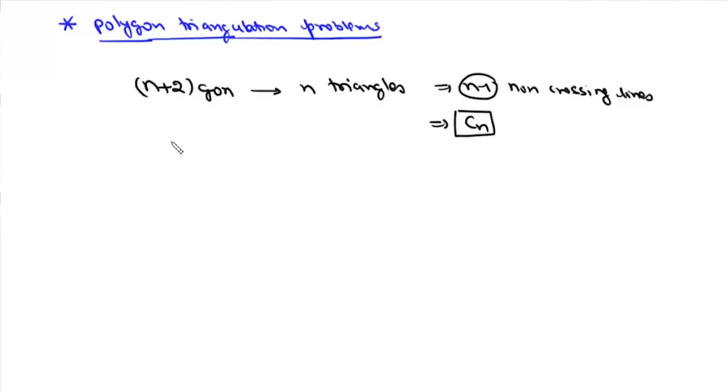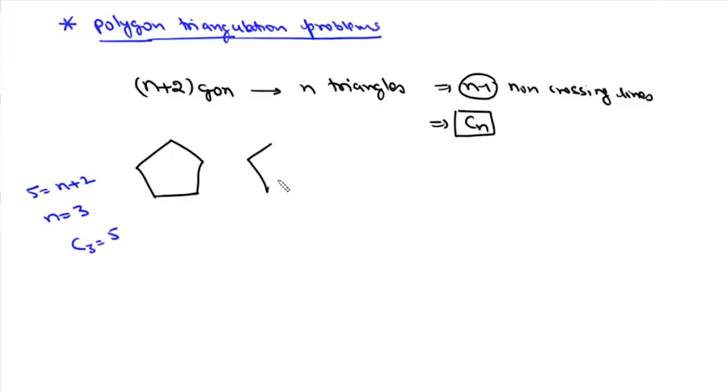So if we have this pentagon, this is 5, which is n plus 2. So n in this case is 3. Now the Catalan number says the number of ways of triangulating this pentagon is C3, and C3 is 5.